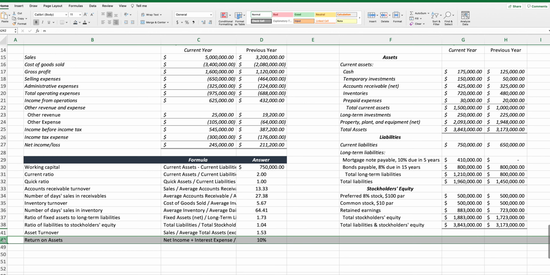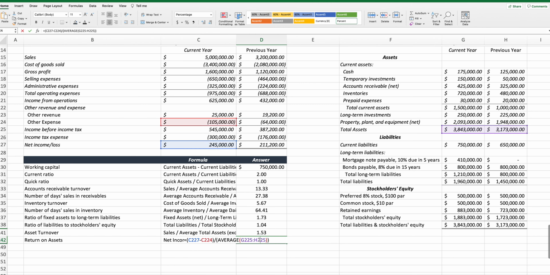The final analysis is our return on assets. The return on assets is our net income plus our interest expense, so we want to add in that interest expense again. Let me go ahead and open this so you can see it. I've taken my net income and I want to add in my interest expense. Well, actually, I didn't tell you that my other expense up here was the interest expense, but it is.